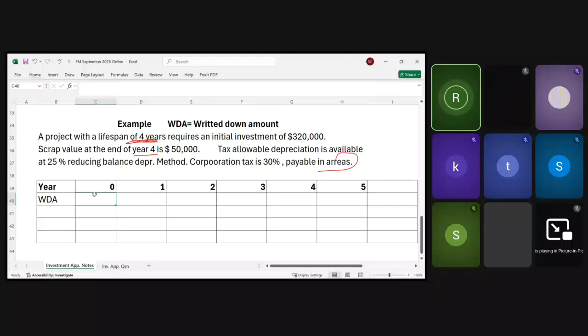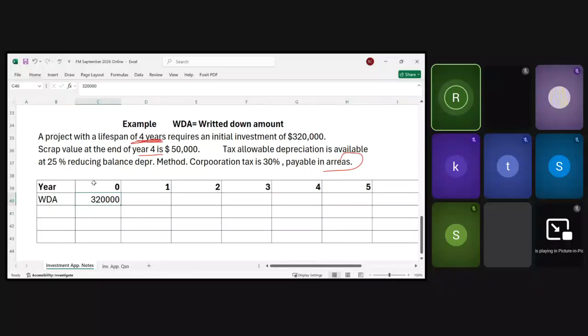In year 0, I'm going to make an investment of 320,000. That is my initial investment in year 0. And I have to calculate my depreciation at 25% on a reducing balance basis. An asset is depreciated only after 12 months of purchase. So we do not depreciate our asset in year 0. We start depreciating in year 1.